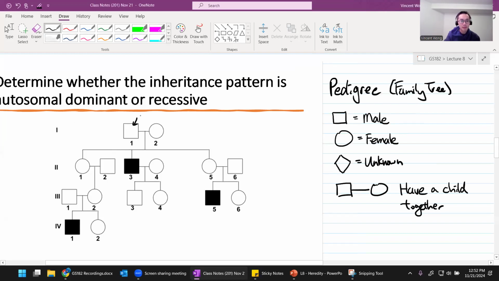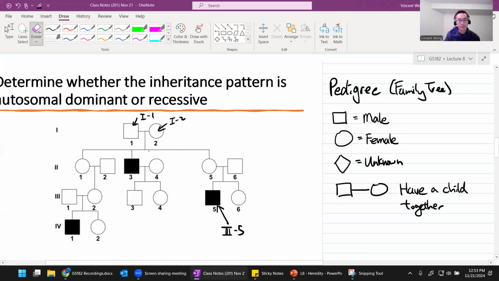So this person is 1-1. This one is 1-2. And that one, what is the reference for this man? 3-5, that's right. Okay. So you have to know, because on the test, I'll be like, find the genotype of 2-4. Then you have to know who I'm referring to, right? 2-4 is this one.